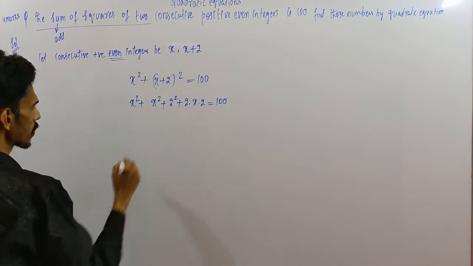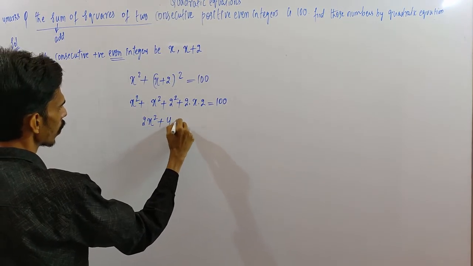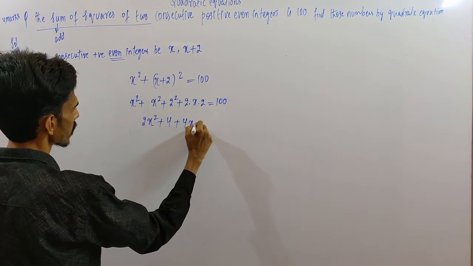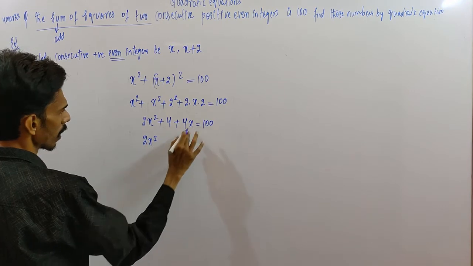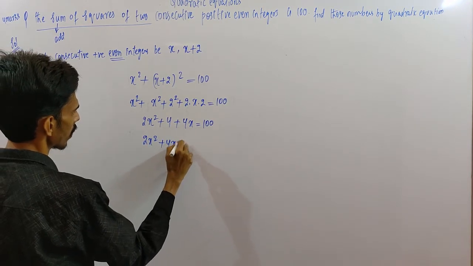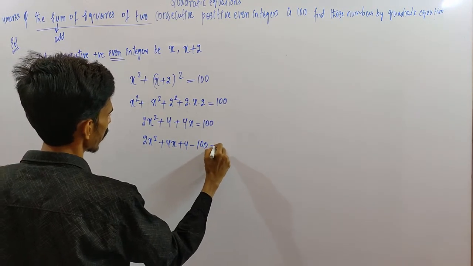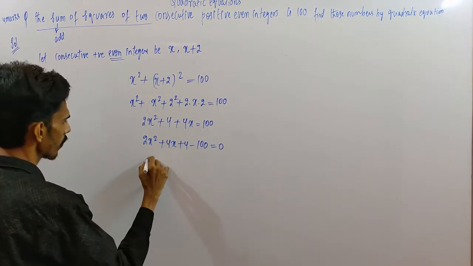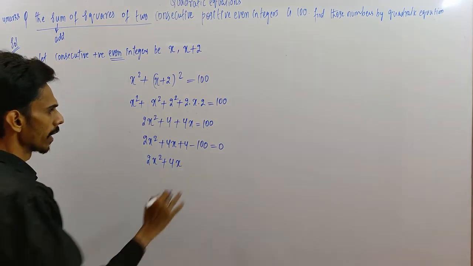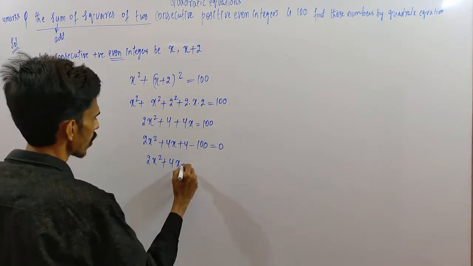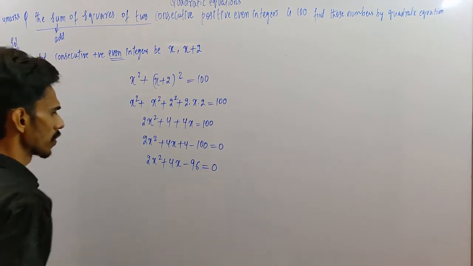We have x square plus x square, we have 2x square. 2 square value is 4, 2 into 2 we have 4x equals 100. 2x square plus 4x plus 4, take this 100 to this side, it will become minus. Now we have 2x square plus 4x, 100 minus 4 we have minus 96 equals 0.